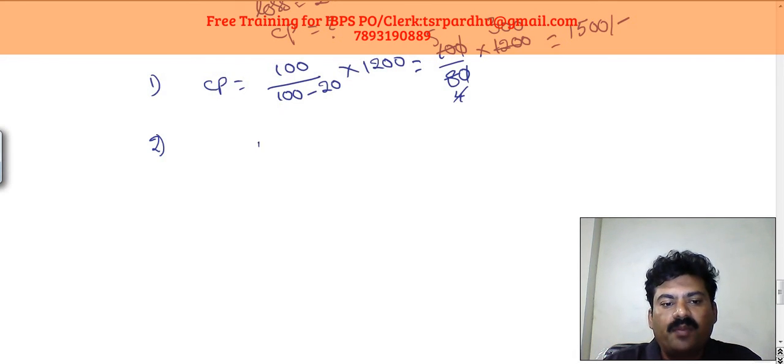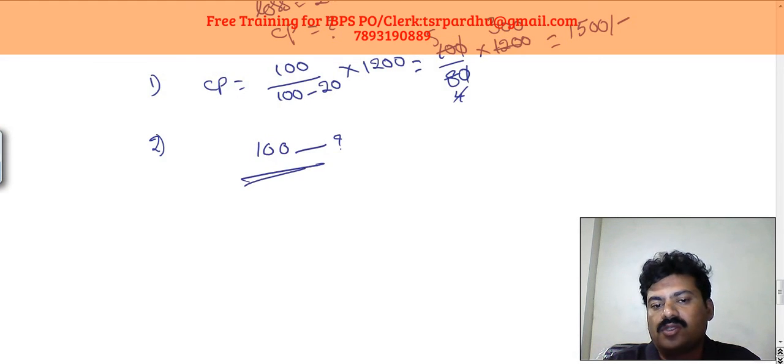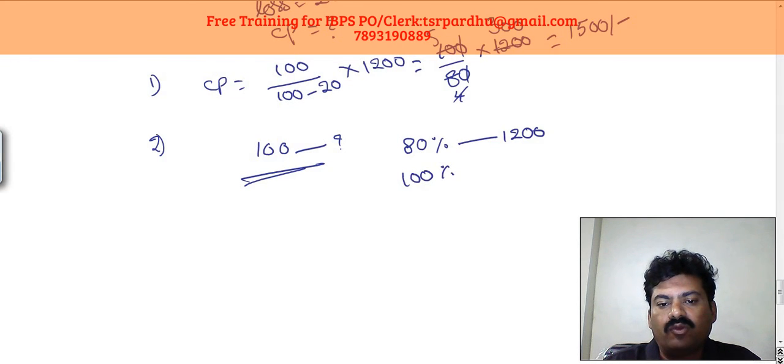Now 100% amount we need to find out. 100% is how much? Now 80% of the amount is 1200. Now I want 100% amount is how much? For this, 100 by 80 into 1200.